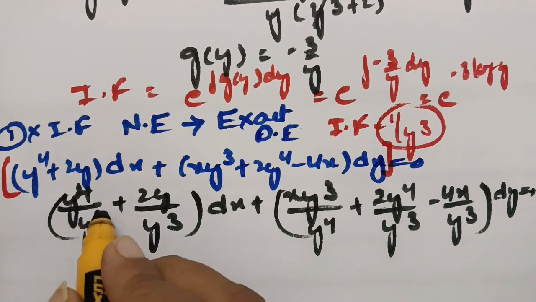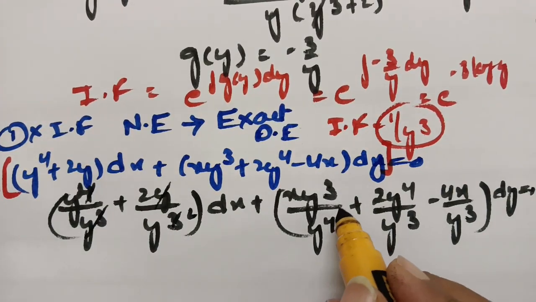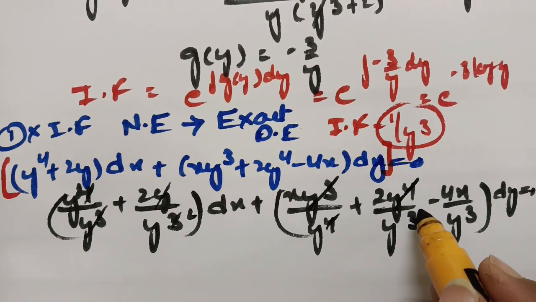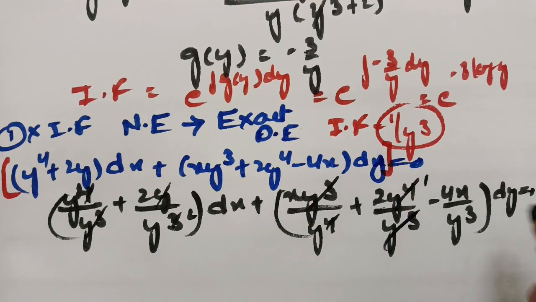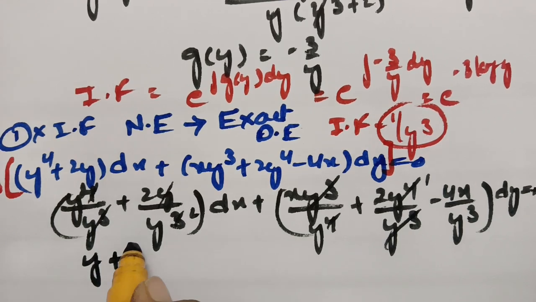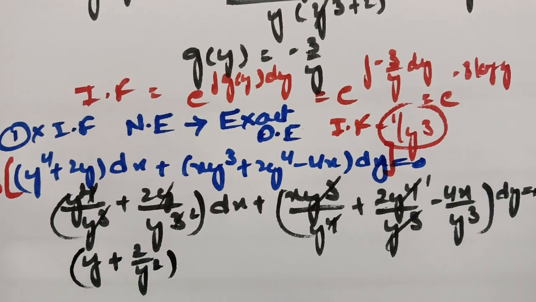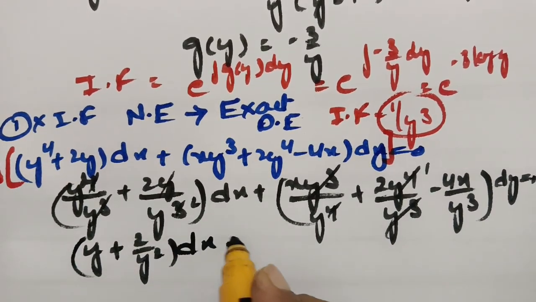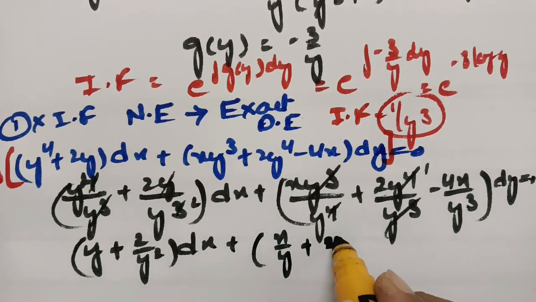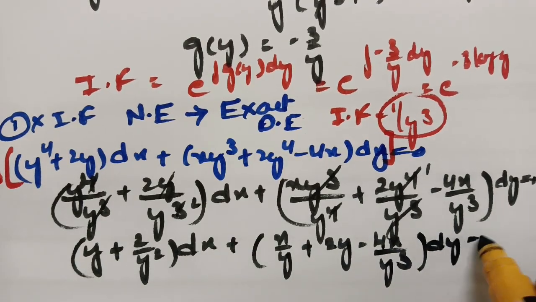If I cancel, this value is y, and 2 by y square. So the equation is y plus 2 by y square into dx plus x by y plus 2y minus 4x by y cube into dy is equal to 0.